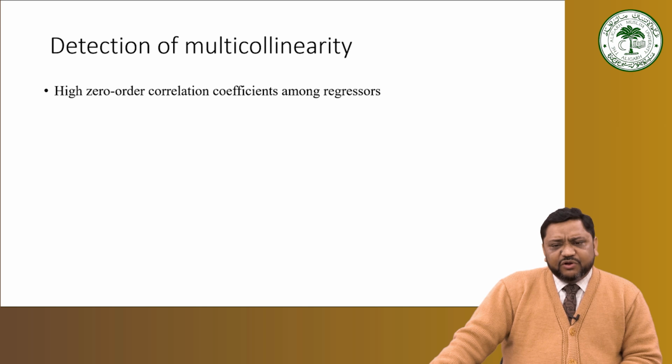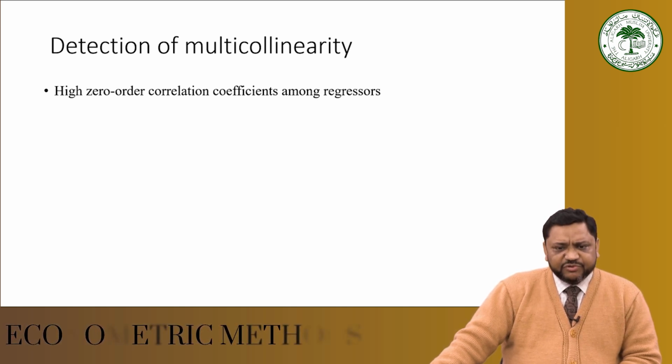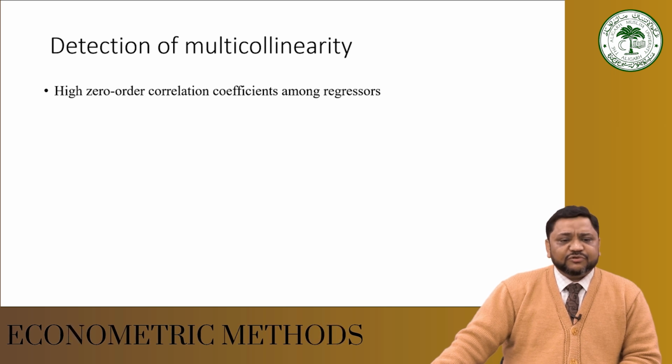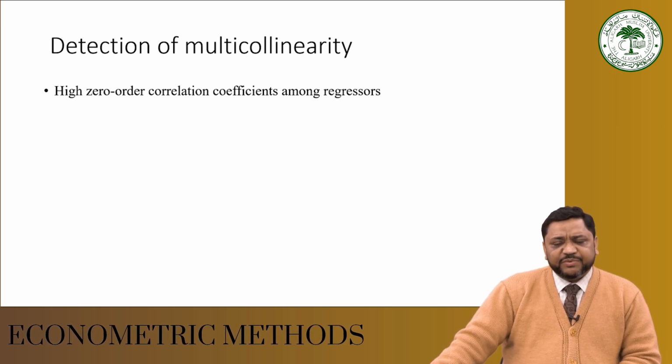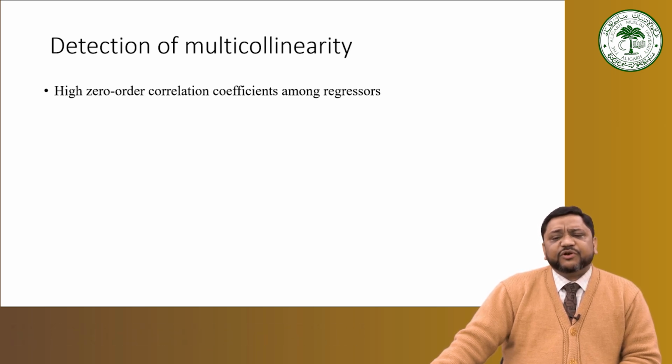Another way to look out, and this is a very crude way, is that we check the correlation coefficient among the independent variables. We simply calculate the Karl Pearson correlation coefficient of the independent variables. This is basically a rule of thumb. If the correlation coefficient between two explanatory variables is high, say more than 0.8, then we can say that there will be a multicollinearity issue.